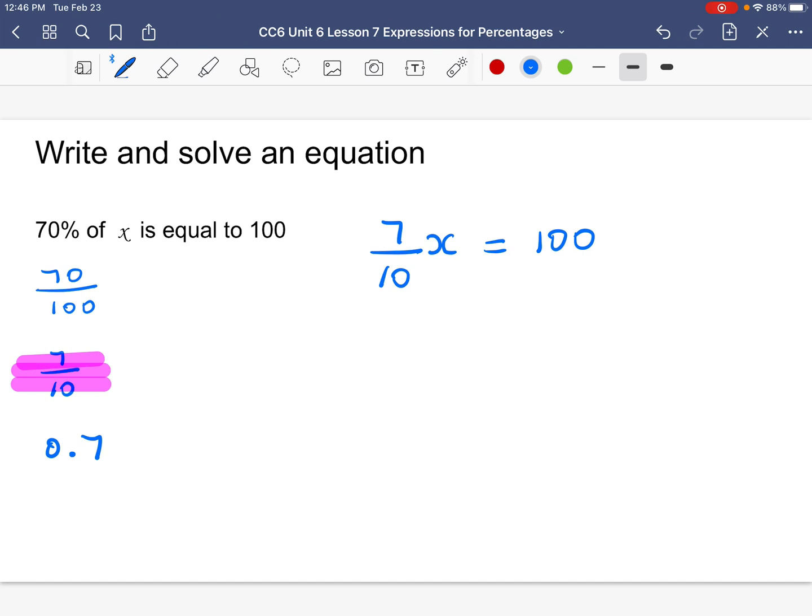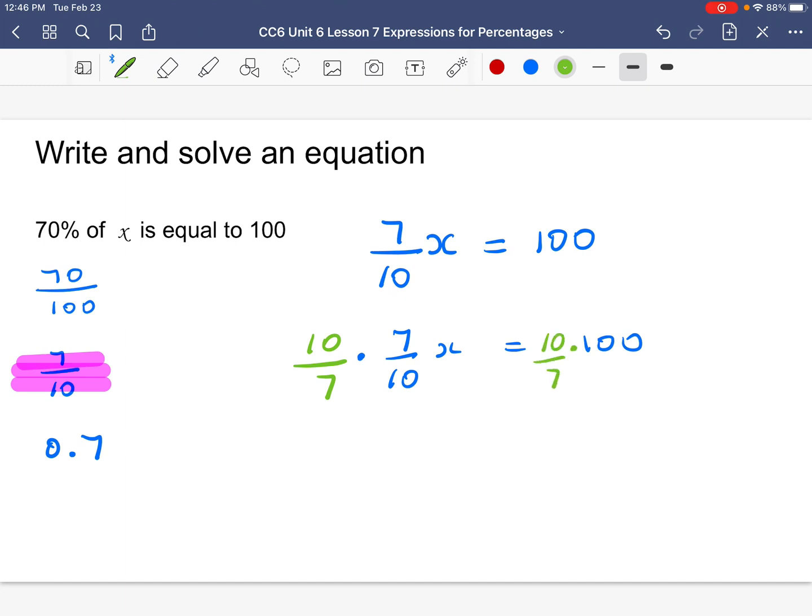So I've got to isolate x, and I want to have 1x there, not 7/10 x. So what I need to do is multiply by the reciprocal of 7/10, which is 10/7. And I've got to do the same to the other side.